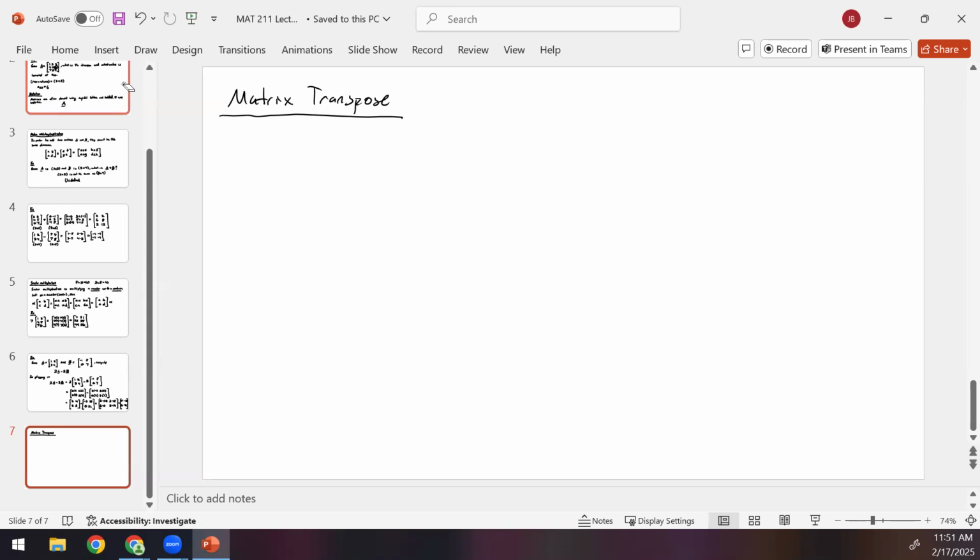So that's the matrix transpose in a nutshell. It's just to make it look how we want it to. And so how do we do that? Well, like this.